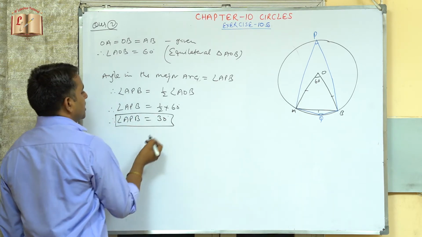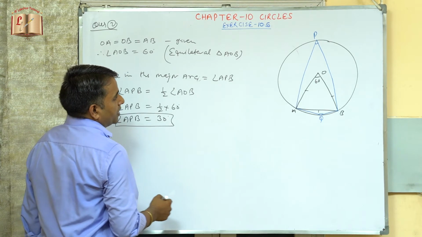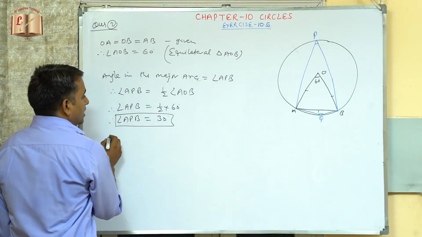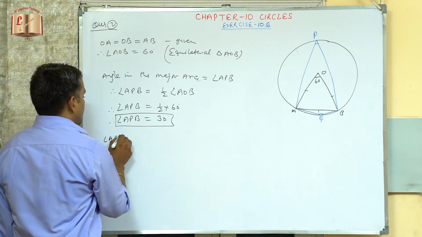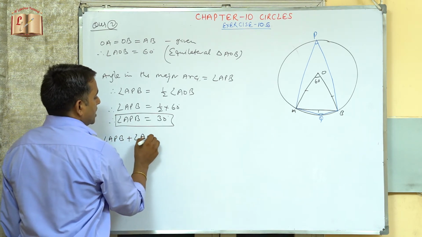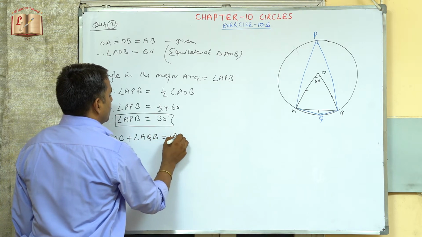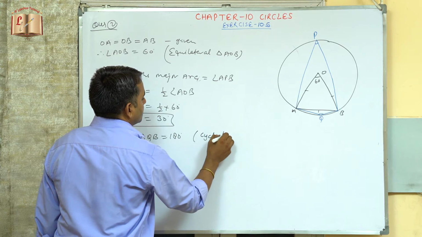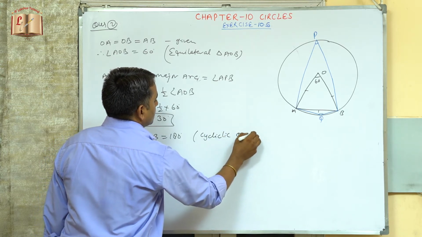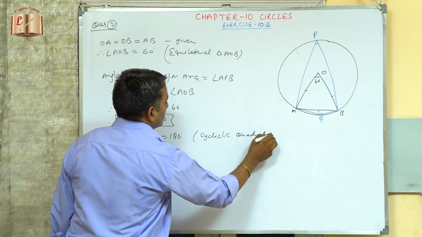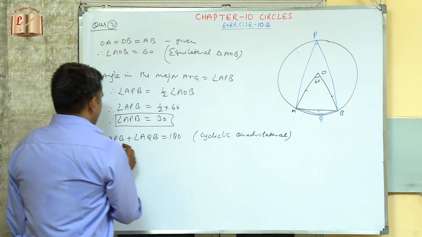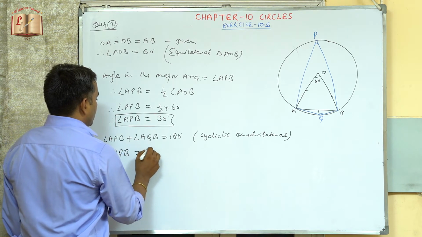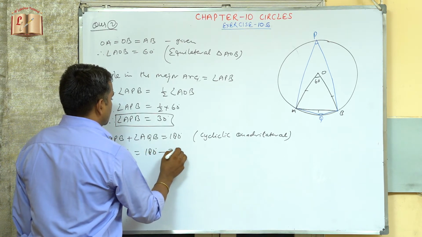So this is the angle in the minor arc, and for the major arc, see that angle APB plus angle AQB will be equal to 180 degrees, cyclic quadrilateral. So angle AQB will be equal to 180 degrees minus 30 degrees.